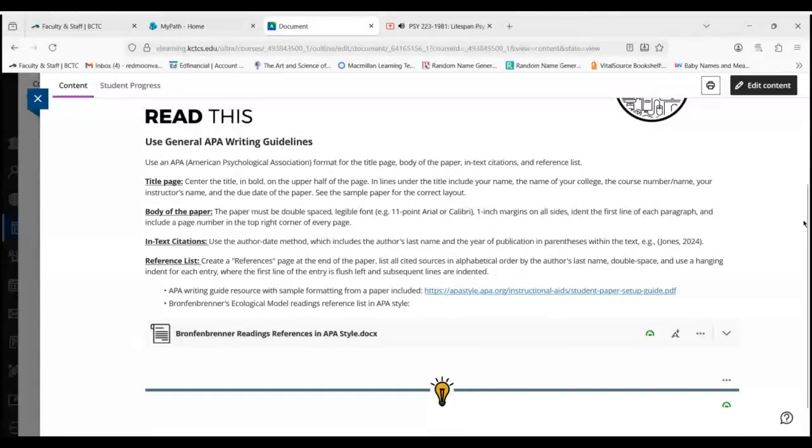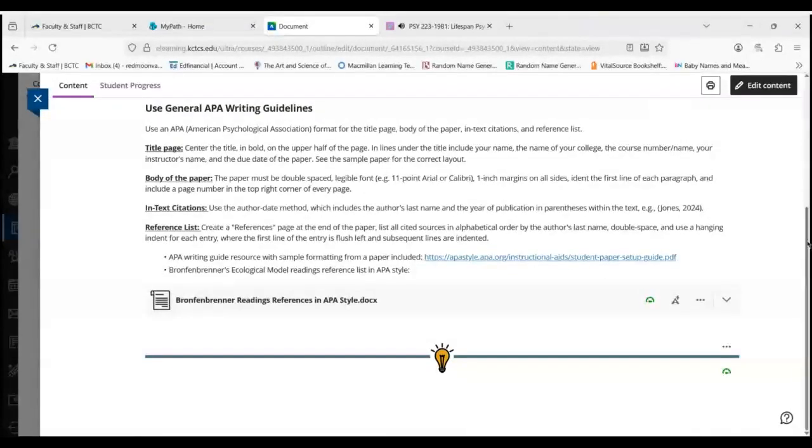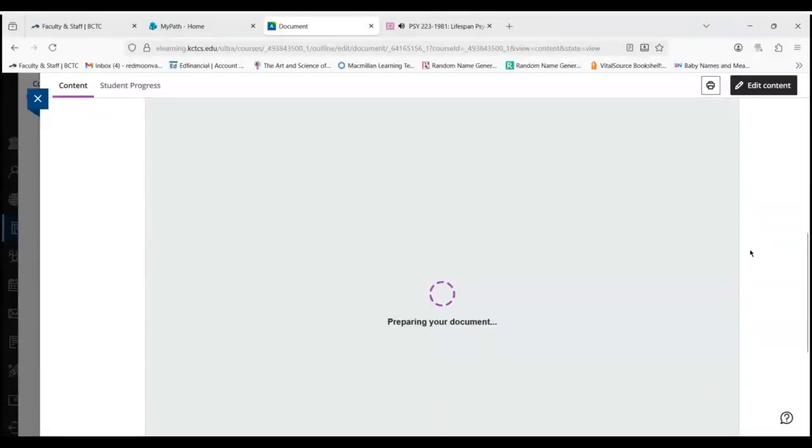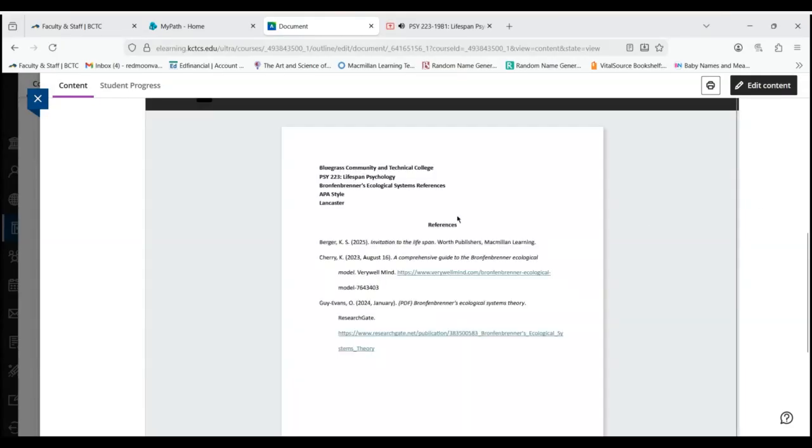I also, in this document, in the APA writing guidelines, I put the references that I have used to create your assignments. So you'll probably be referencing these as well. So make sure you know they're here.